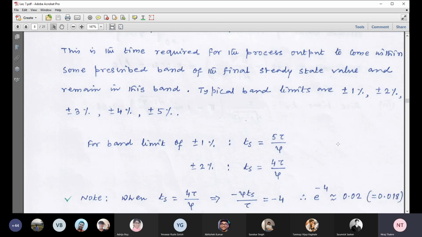This is just one sample derivation of how we can get it.